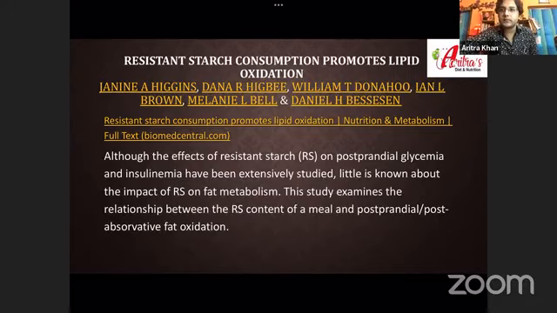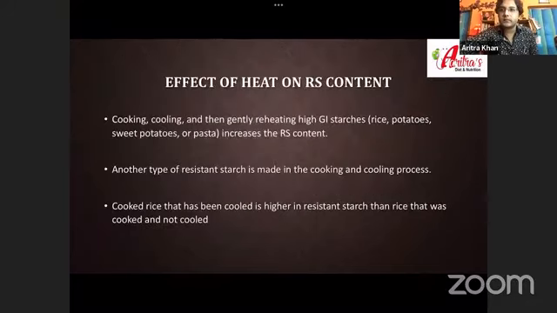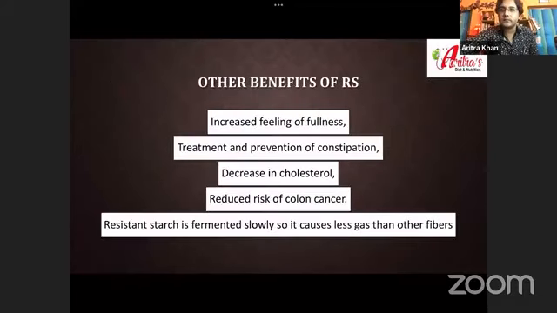So this is all about resistant starches, already discussed. The benefits I have already discussed: increased feeling of fullness, treatment and prevention of constipation, and decreased cholesterol. We all know the story about cholesterol formation, the chelate formation. This is very good for dietary fiber, where the cholesterol can't go on to cause atherosclerosis and so on, but goes directly to the feces and is removed from your body.